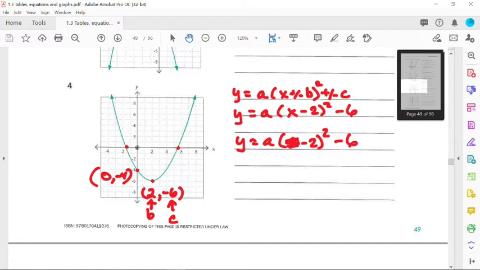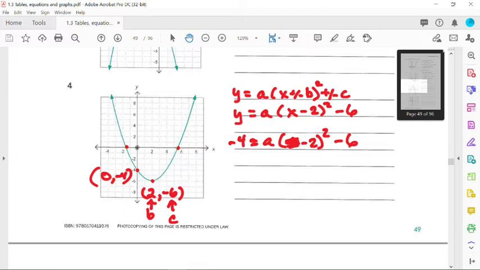Anytime you're using the intercepts, you could just put the number in place of x. Oh, I'm sorry, I need to put the negative 4 in place of y, don't I? Thank you for that. So replace your x and your y with the values from the y-intercept.